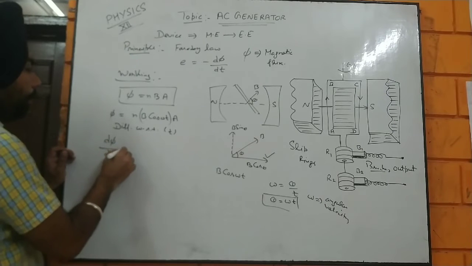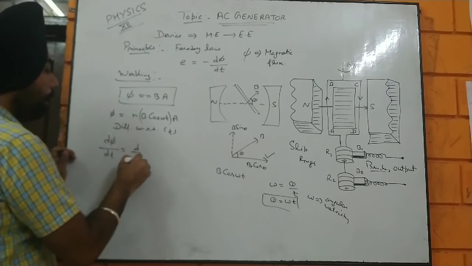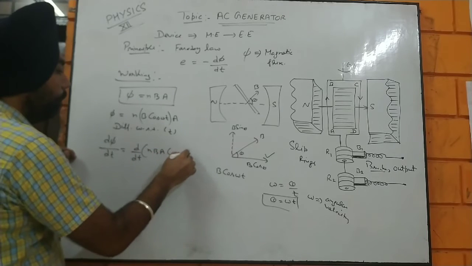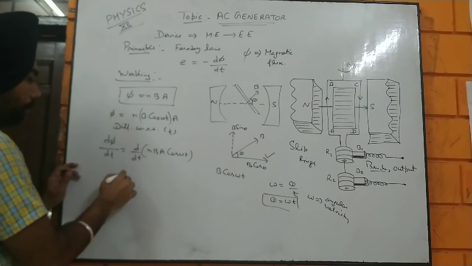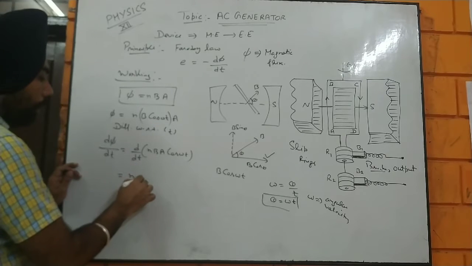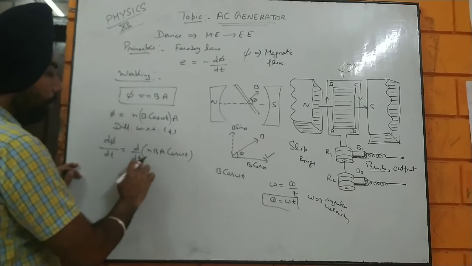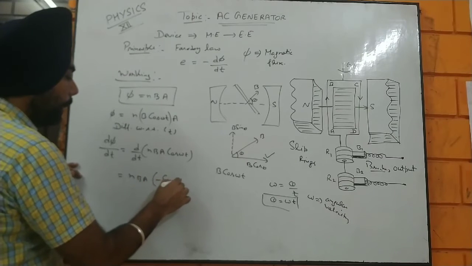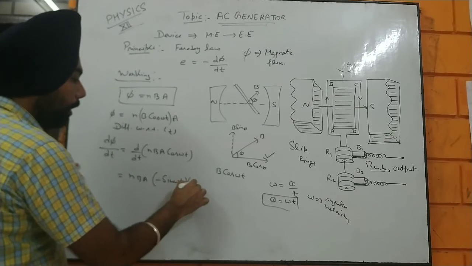d phi upon dt. Similarly, we differentiate N B A cos omega t, where N B A come out as constants. The differentiation of cos omega t is minus sin omega t multiplied by omega.